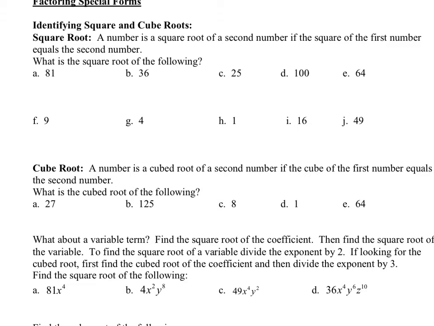Well, since 81 is 9 squared, 9 is its square root. 36 is 6 squared, so its square root is 6. For 25, 5 squared is 25, so 5 is the square root.